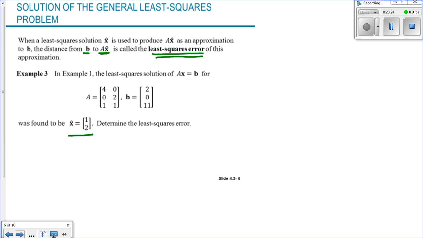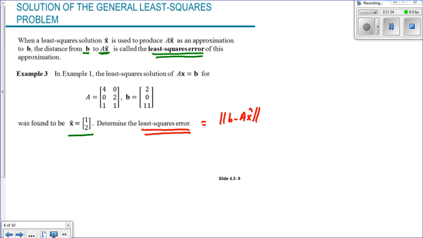I want to find what is the least squares error. Well, the least squares error is equal to the magnitude of b minus A x hat. So if we just find that magnitude, then we'll know what the least squares error is. If you took any x times A and found the distance between that product Ax and b, it will be greater than it will be for the x 1, 2.